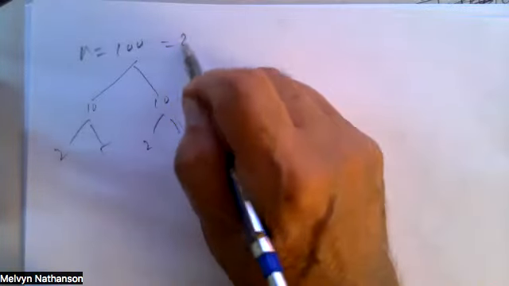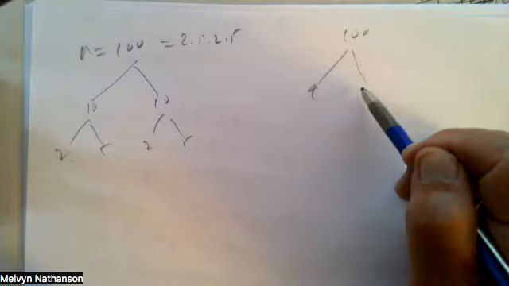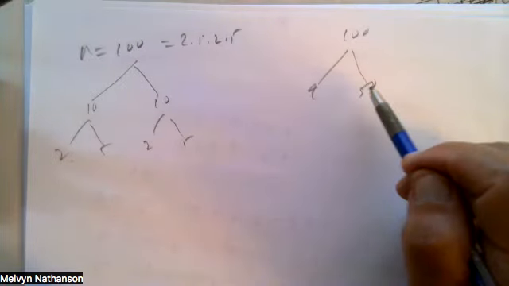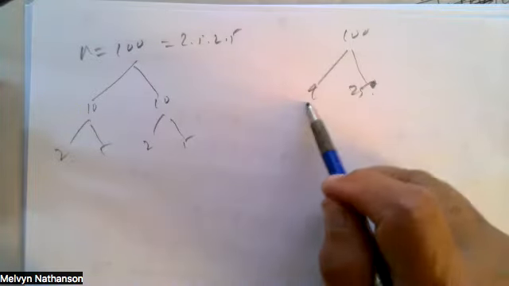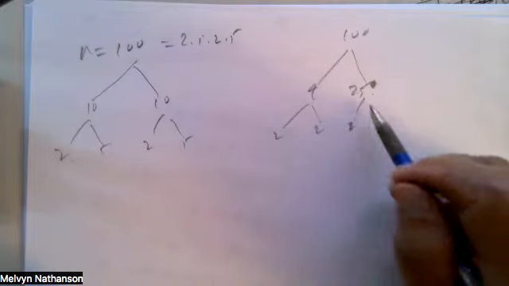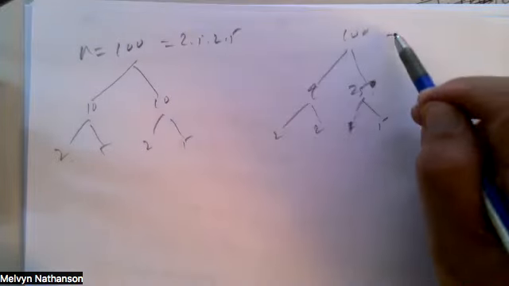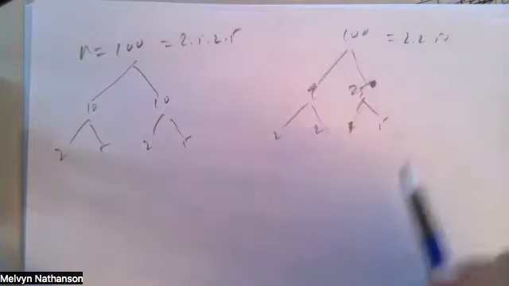So 100 is 2 times 5 times 2 times 5. Or I could have done my tree differently. I could have said 100 is 4 times 50, 4 times 25. But these are both composite. 4 factors into 2 times 2, 25 factors into 5 times 5. And again, I have two 2's and two 5's.